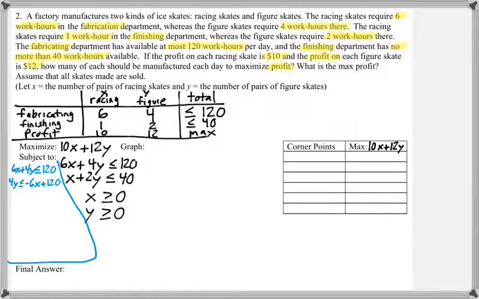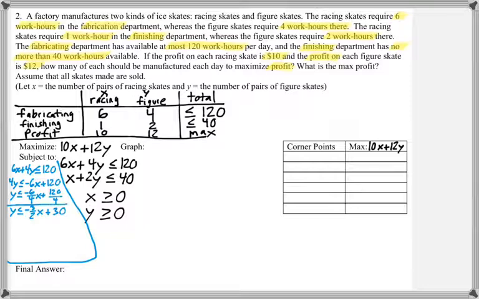And then divide both sides by 4. And this reduces to negative 3/2 x plus 30.